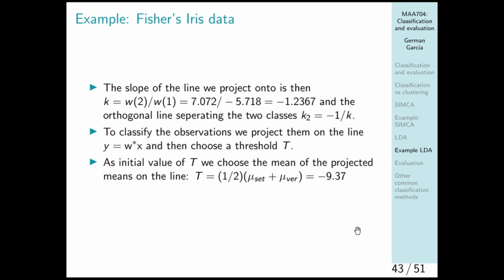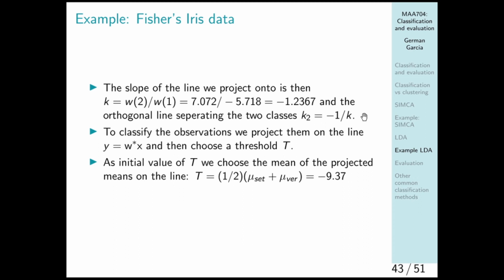Now, the slope of the line we project onto is as simple as the second divided by the first, variation of y divided by variation of x. So it's minus 1.23. And the orthogonal line that separates the two classes has minus 1 divided by the slope.